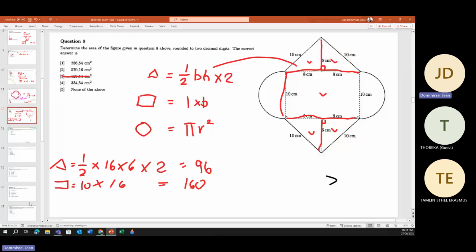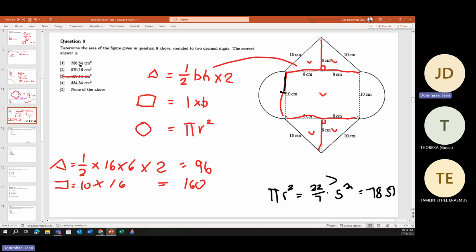So we've got pi radius to the power of 2, so 22 over 7. And again, radius is half of that, 10 divided by 2, so it's 5 to the power of 2. So 22 divided by 7 times 25 gives us 78.57.